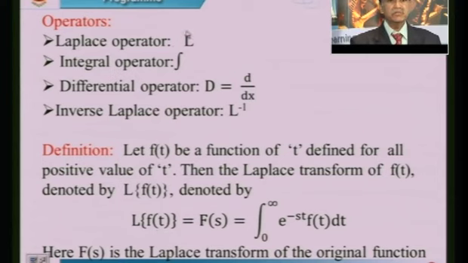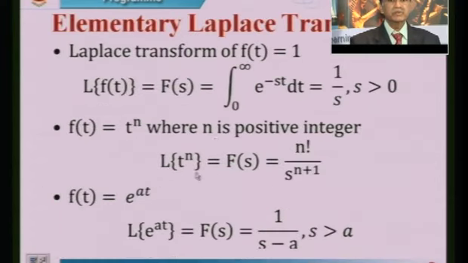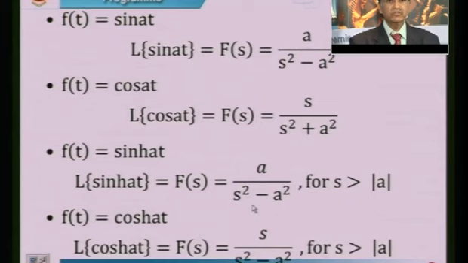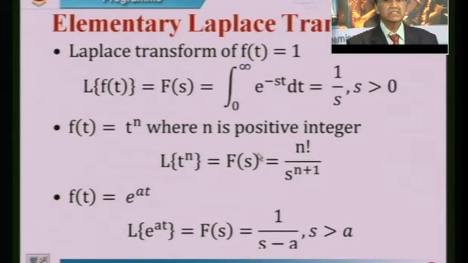Whatever properties, all this list of properties and derivations which I explained so far, will be written in reverse order, that is by applying inverse Laplace transform to the other side, and you must get a function of t. This is all about direct Laplace transform and inverse Laplace transform.